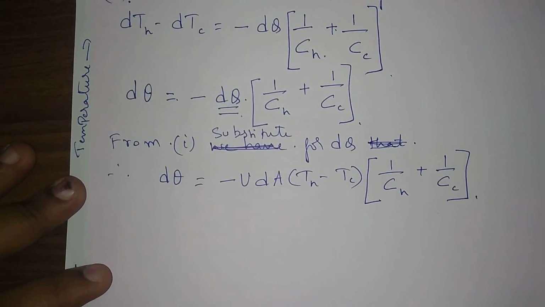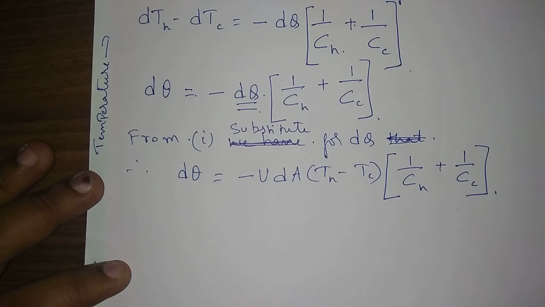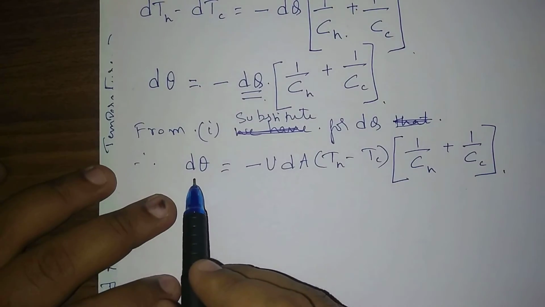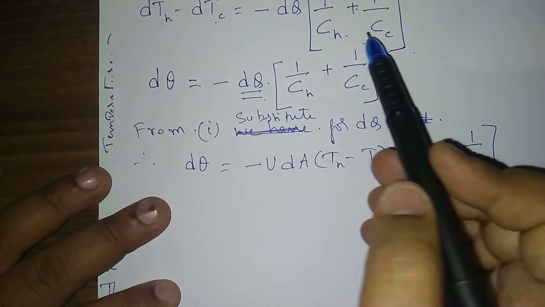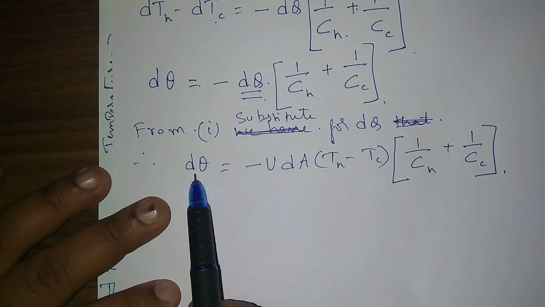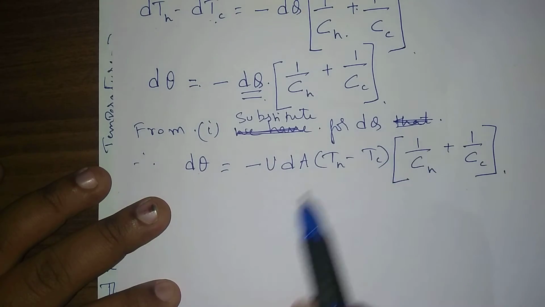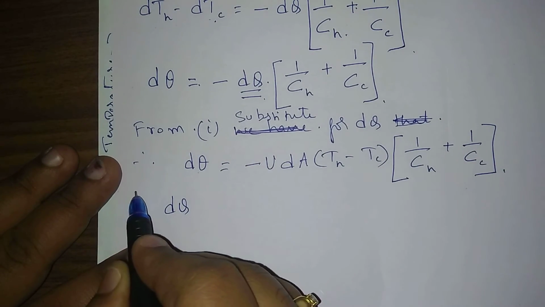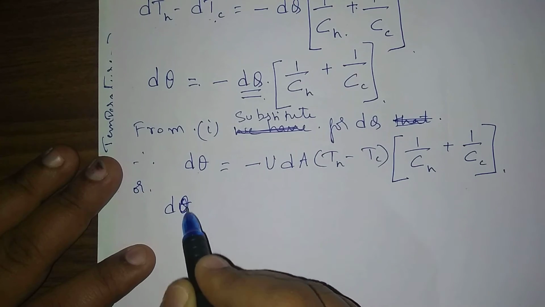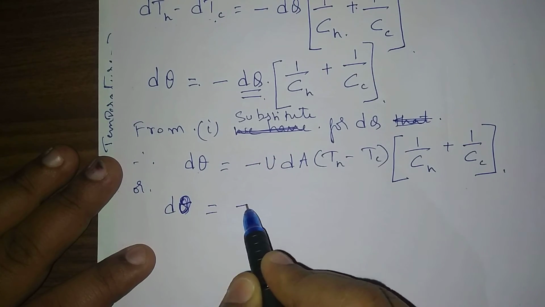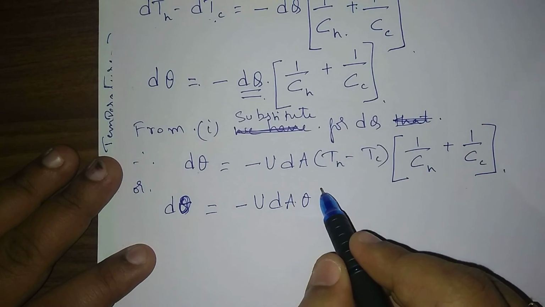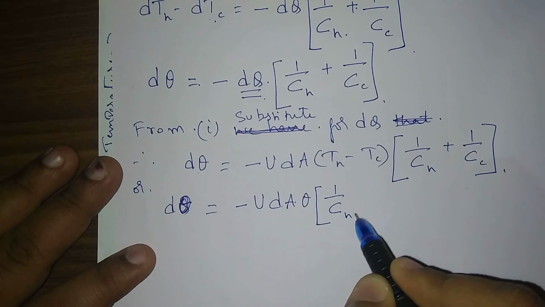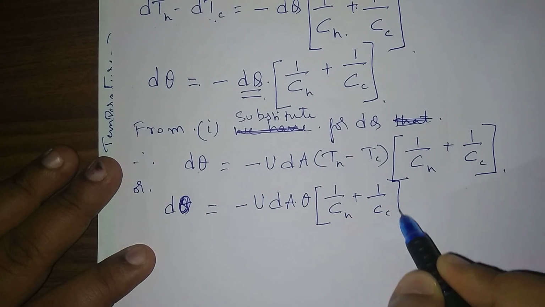Now we shall write it in a different format. What is d theta? d theta is dTh minus dTc, and we also have Th minus Tc, so theta is nothing but Th minus Tc. So d theta is equal to minus U dA theta into 1 by Ch plus 1 by Cc.